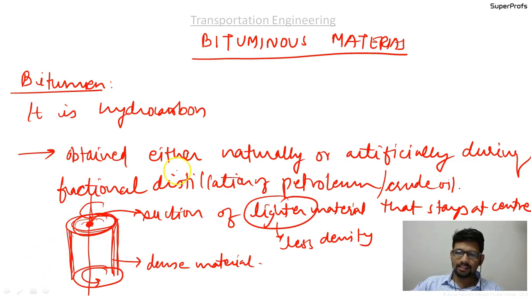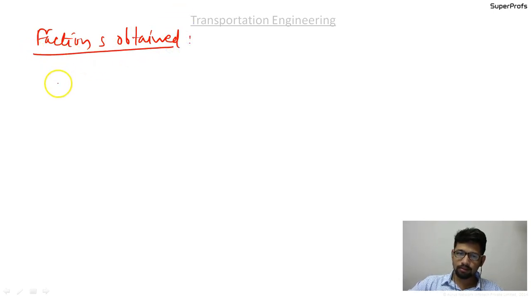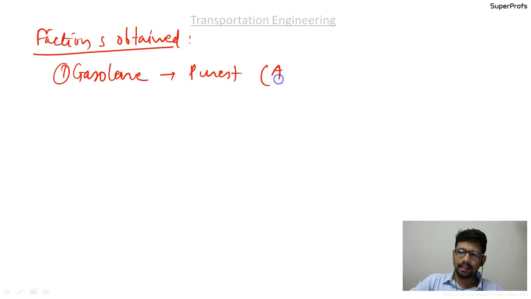So the fractions that are obtained are, please write down: the first one is gasoline, that is the purest one, and it is used as aviation fuel.